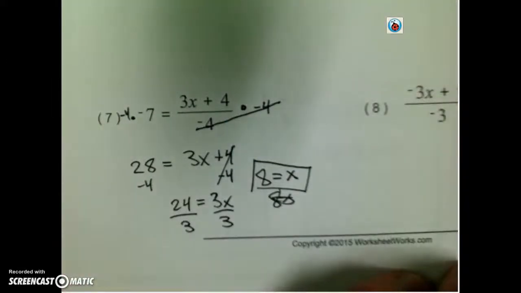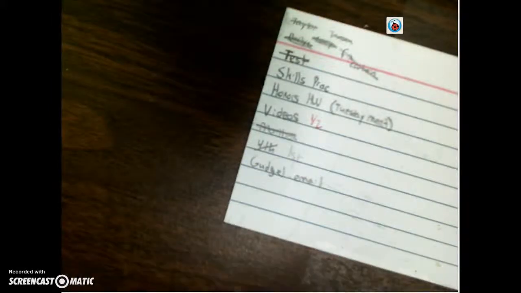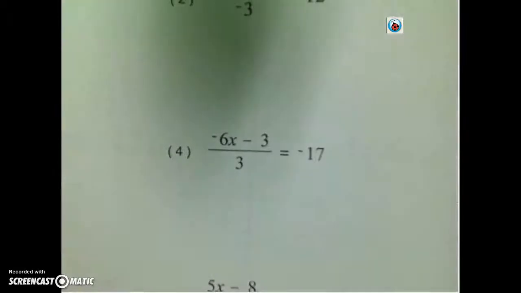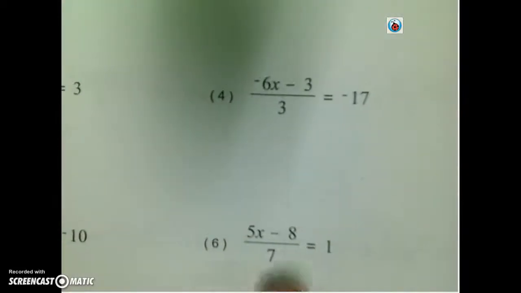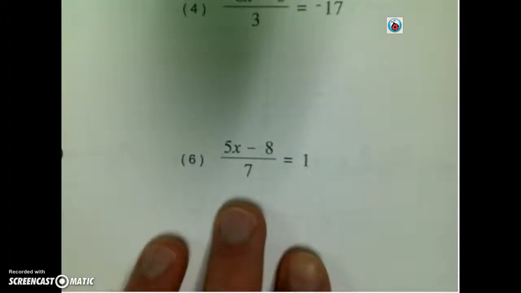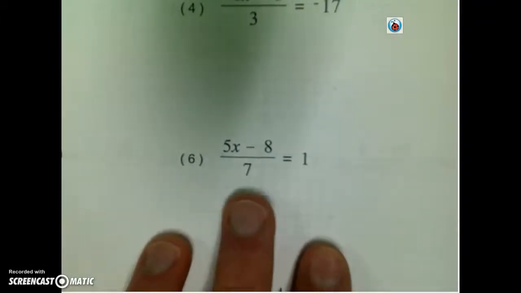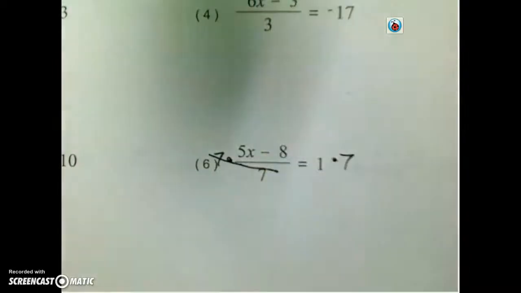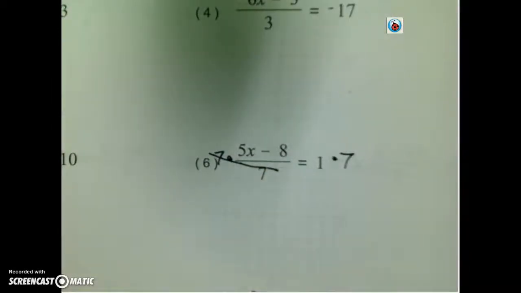All right, now the good news is page 2 is going to be the same types of problems. It's more division prison, so we'll pick another one, talk about the steps. Here, if I'm looking at number 6, we see the same situation coming on. I'm going to have to multiply both sides by 7 to get our fraction clear. So this will leave us with 5x minus 8 is equal to 7.